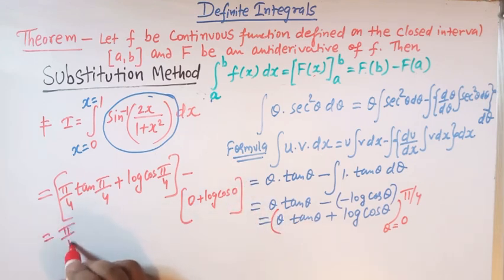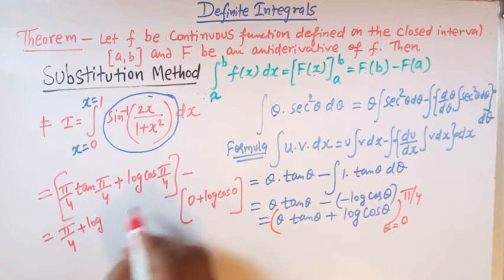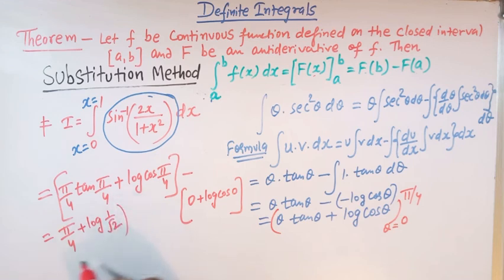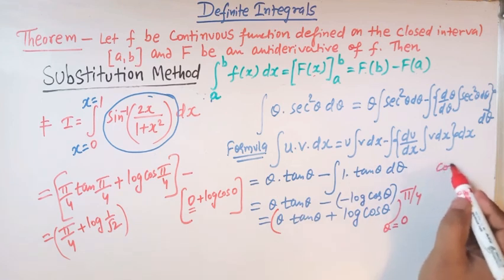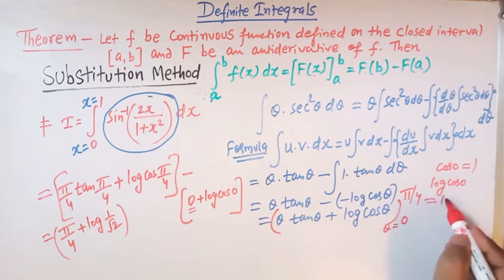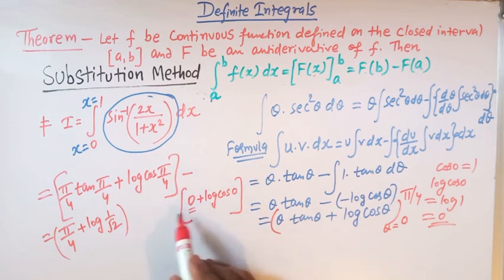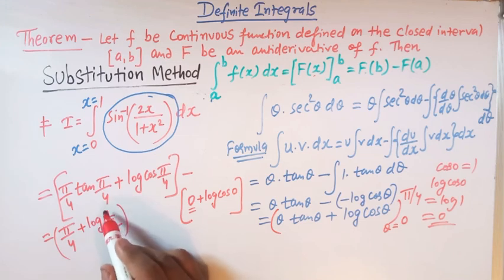So this is pi by 4, tan pi by 4 is 1, so we have pi by 4 times 1 is pi by 4, plus log of cosine of pi by 4, which is 1 over square root of 2, right? And this term is 0, cos 0 is 1, so log of cos 0 is log of 1, that is 0, right? So this entire term will become 0, so we have pi by 4 plus log 1 by square root of 2.